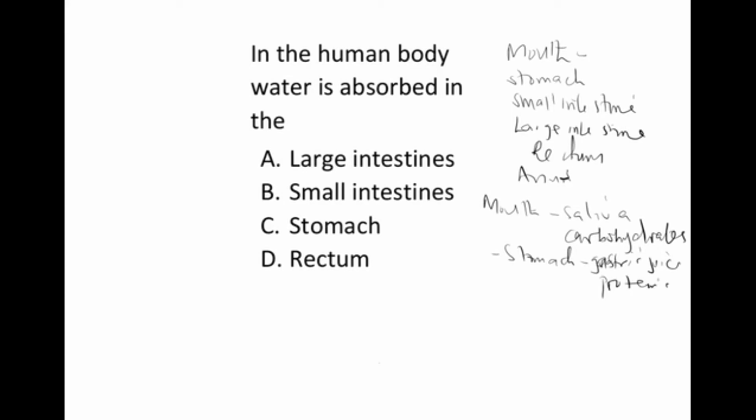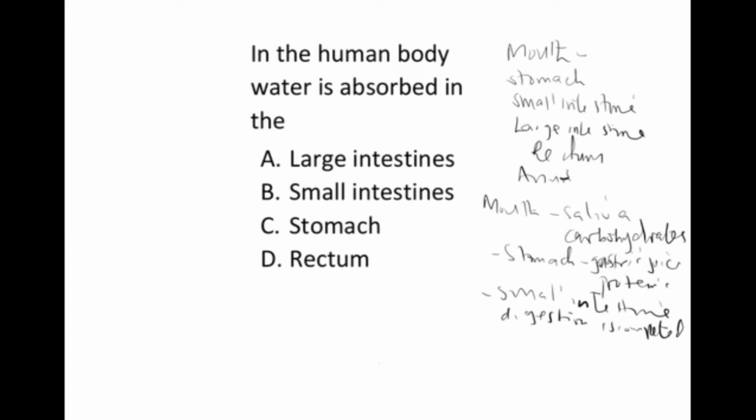The small intestine is where digestion is completed. Digestion of all food is completed in the upper part of the small intestine, and in the lower part of the small intestine we have the absorption of food into the bloodstream.